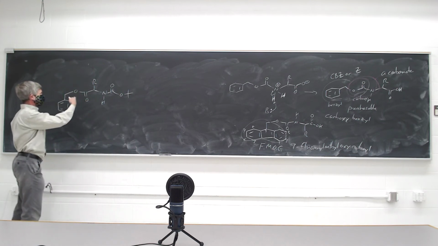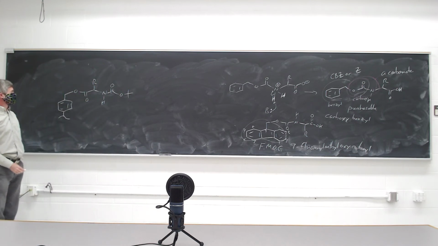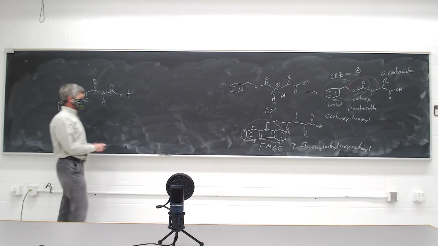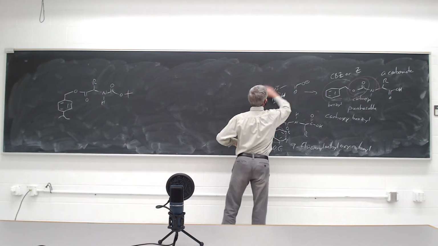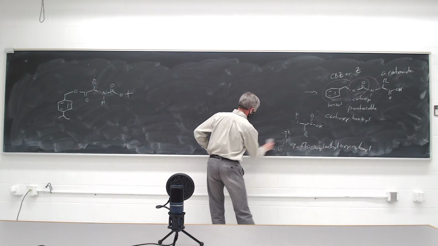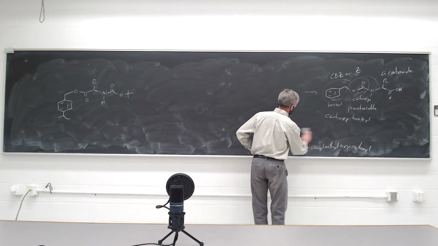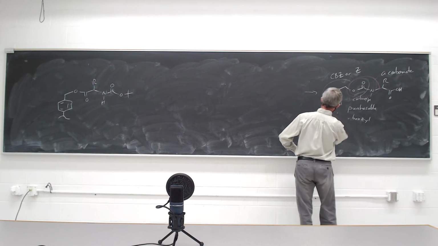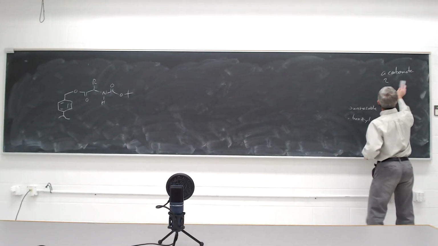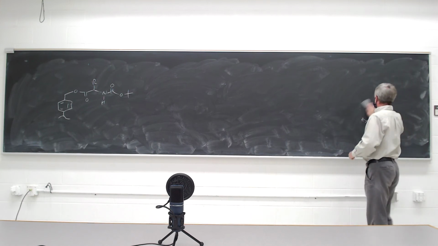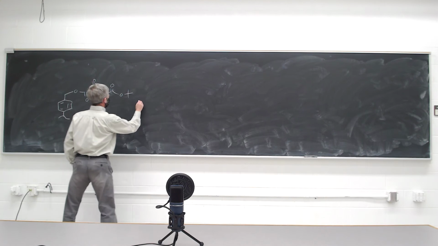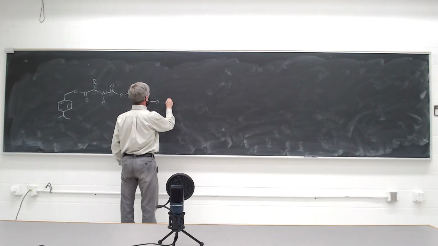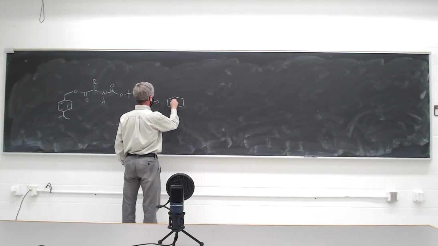So this is a BOC-protected N-terminal amino acid. So what we need to do now is we need to take that protecting group off to free up the N-terminus for reaction.